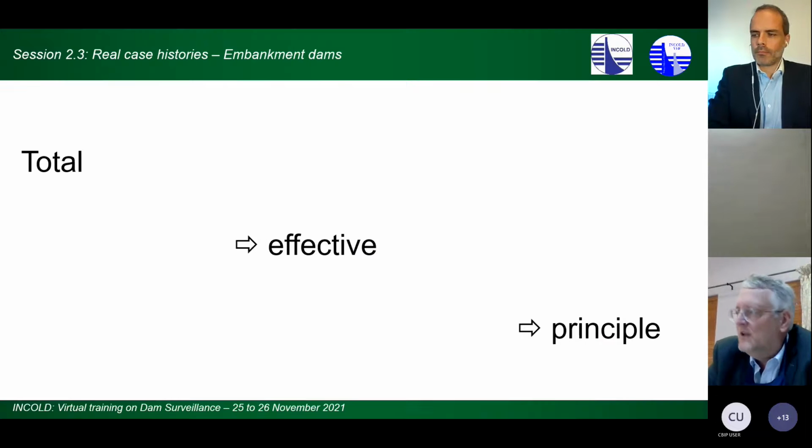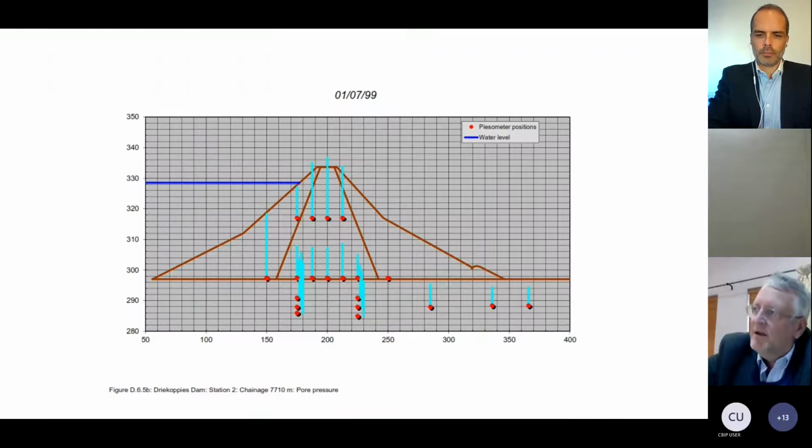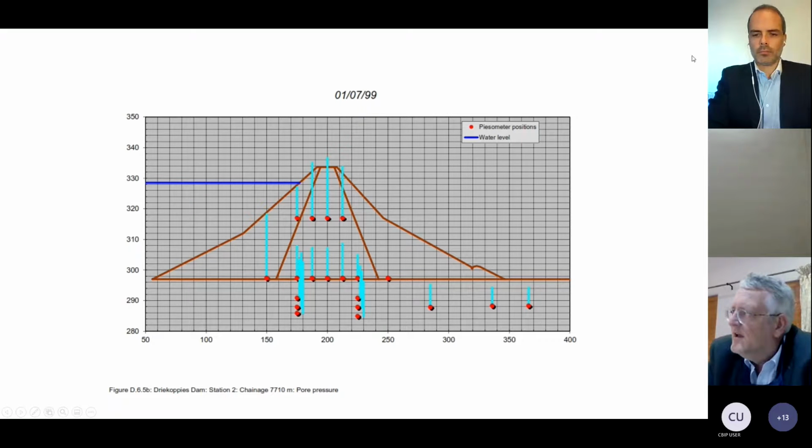Okay. So again, we did the conversion from total to effective to principal stresses. Again, you guys can see that there's a couple of places where we experience negative earth pressures. I'll explain now why we had negative pressures, but if we look at the results of the piezometers, you guys can see a lot lower piezometric levels there on the downstream one.